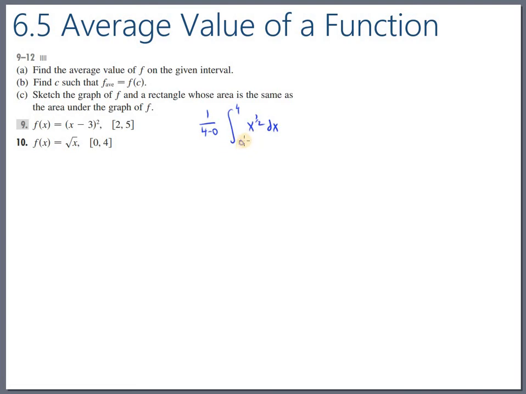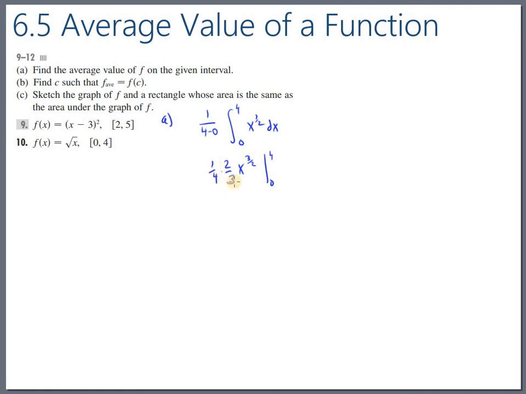So that part again, not bad. We've got 1/4, we're going to integrate x to the 1/2 to go to x to the 3/2, and we'll put a 2/3 out there to compensate, and we're going 0 to 4.